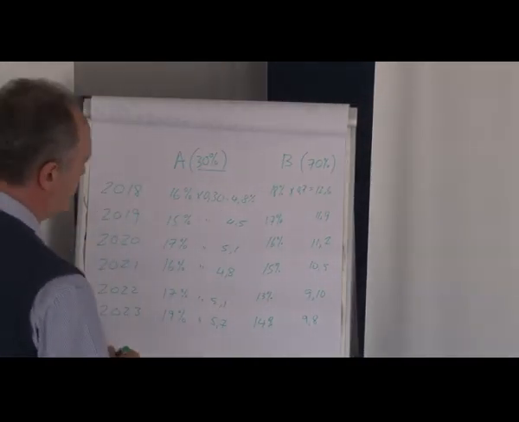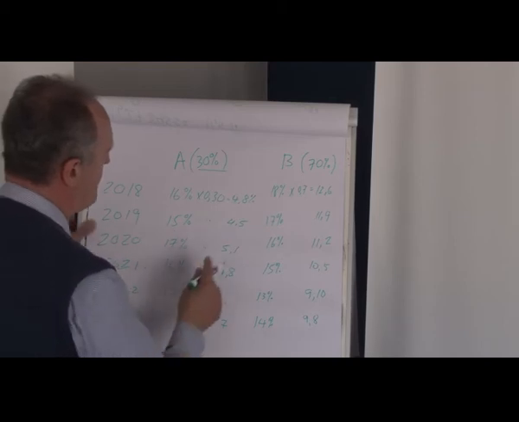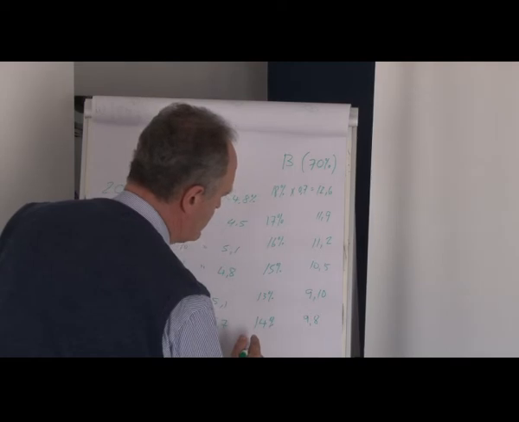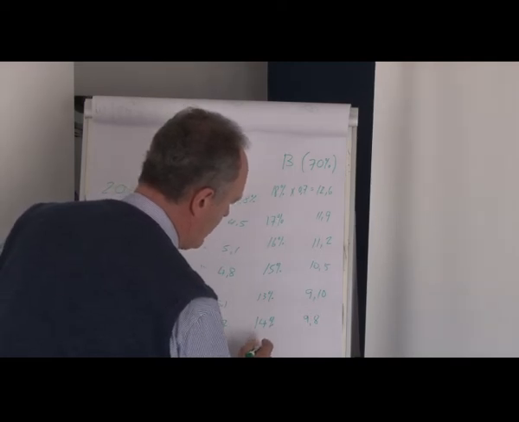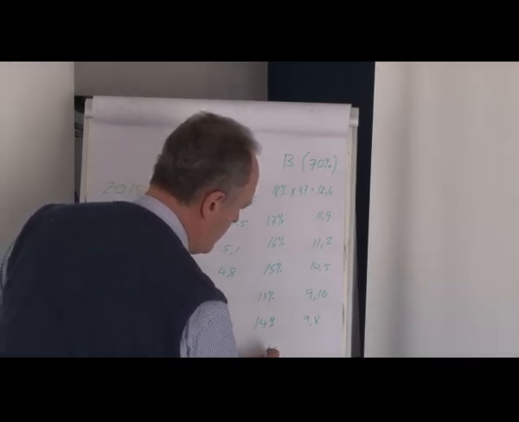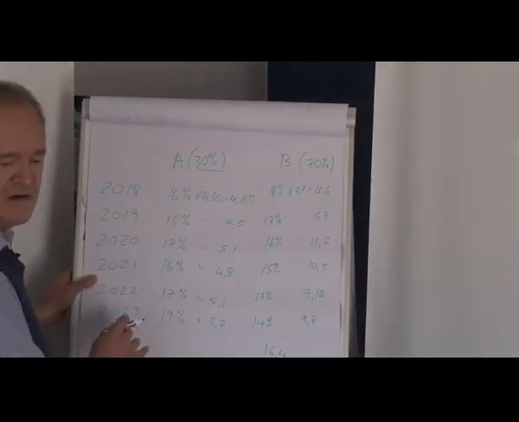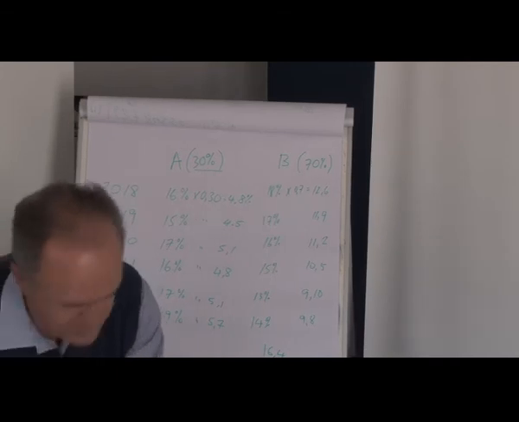I've run out of space. But if you take 4.5 plus 11.9, you get 16.4 for the year for that portfolio. You add them up.